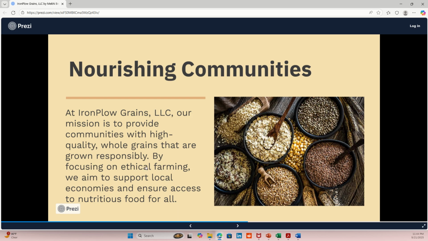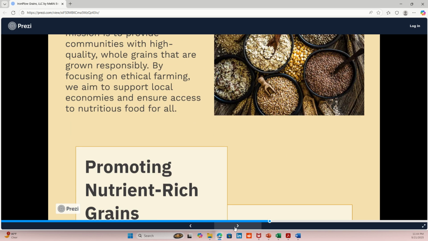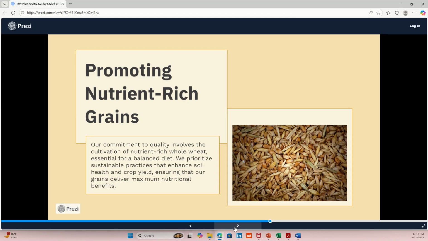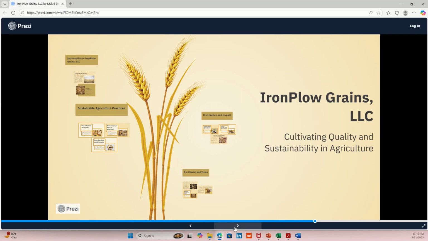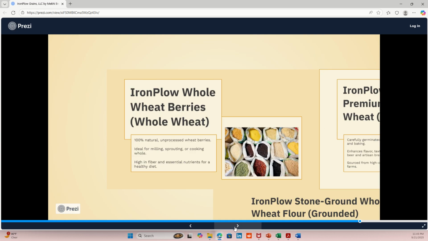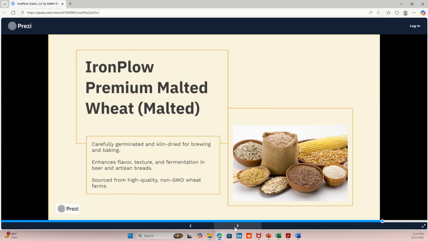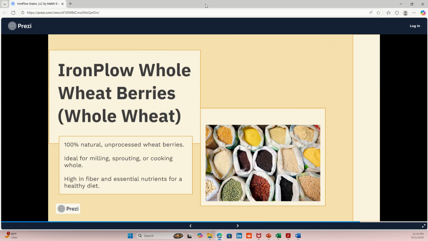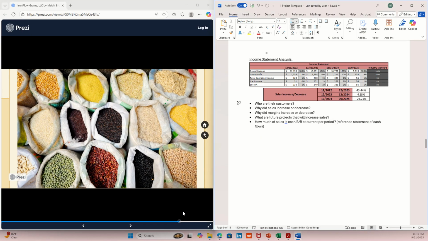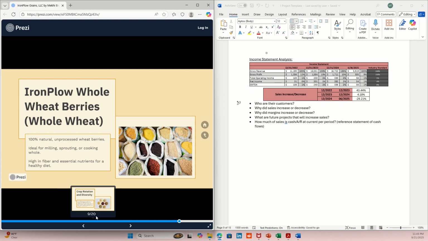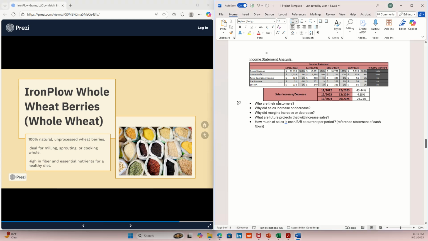Distribution and impact, 100% natural process. So this is going to be useful. I'm not going to show you how to navigate the company's website. You guys should know how to do that.